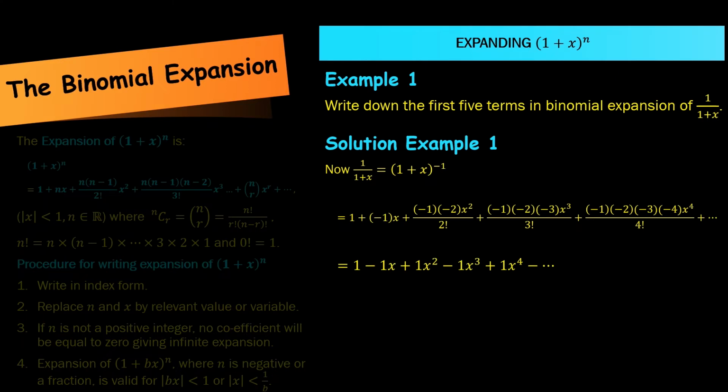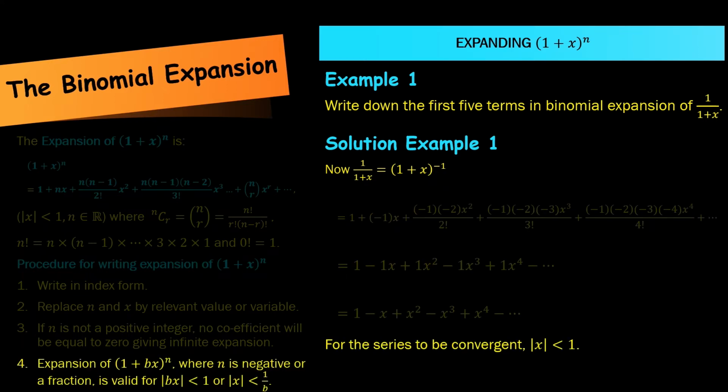Our expression can now be tidied up. And tidying up some more. And therefore we have the first 5 terms in the binomial expansion of 1 over 1 plus x.